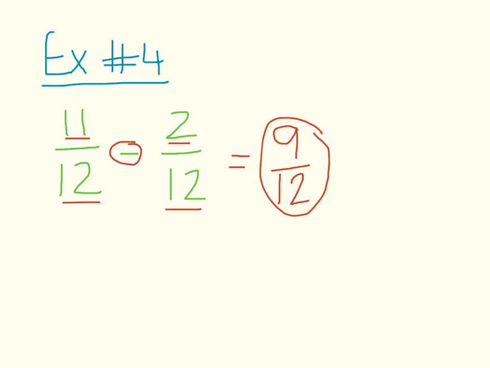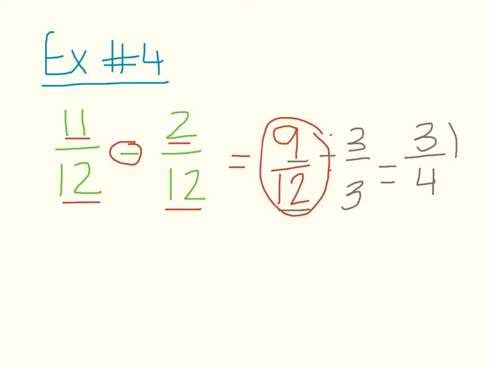But in this case, 9/12 can be simplified. Now remember, we want to simplify fractions if we can. So I know that 9 and 12 can both be divided by 3. So 9 divided by 3 is 3, and 12 divided by 3 is 4.